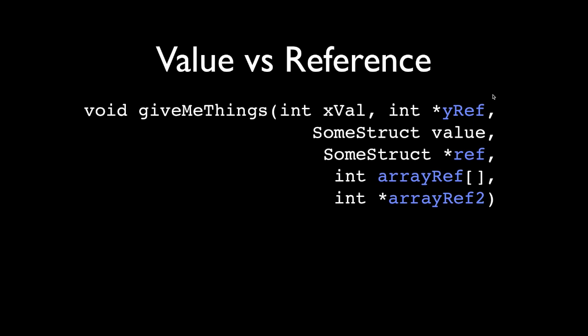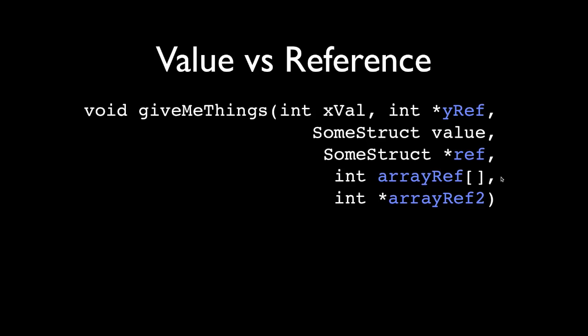So, for example, that second argument, yref, is a pointer to an integer, so that's a reference to an integer. The second struct is passed by a non-constant reference. When I say non-constant, I just mean the word const isn't there, so you have read-write access to the memory of the thing you're referencing. The last two I put as an interesting note.